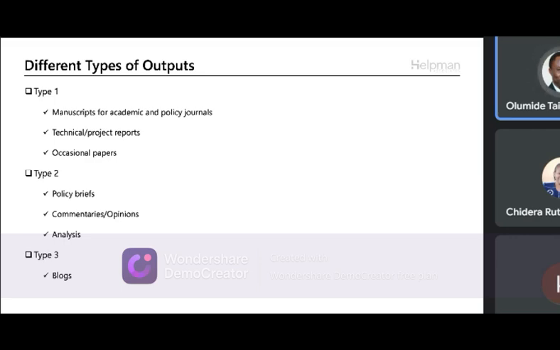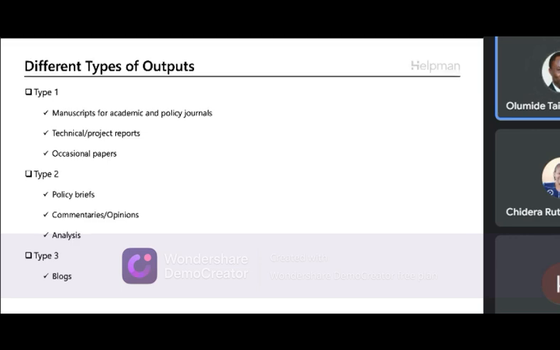Now, different types of outputs. We're talking about output writing. So different types of outputs: type 1, type 2, type 3. And the requirements are different. Number 1, you have manuscripts for academic and policy journals, technical project reports, and occasional papers. All these things differ slightly, but they have some things in common.